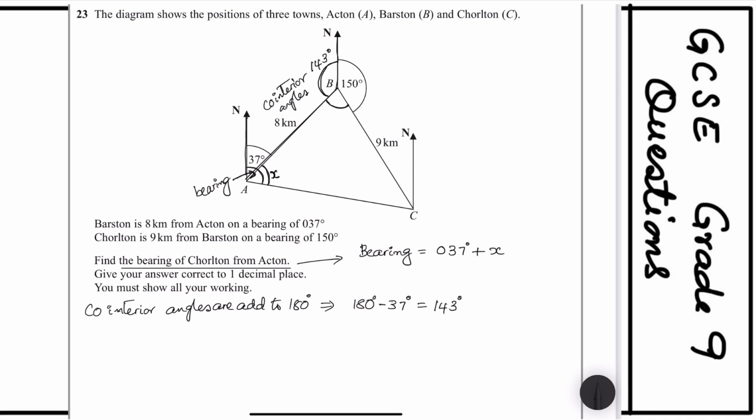And now find the angle inside the triangle at that point. So angles around a point add up to 360 degrees. So add both 143 and 150 and take away from 360. We will get the angle inside the triangle, which is 67 degrees.